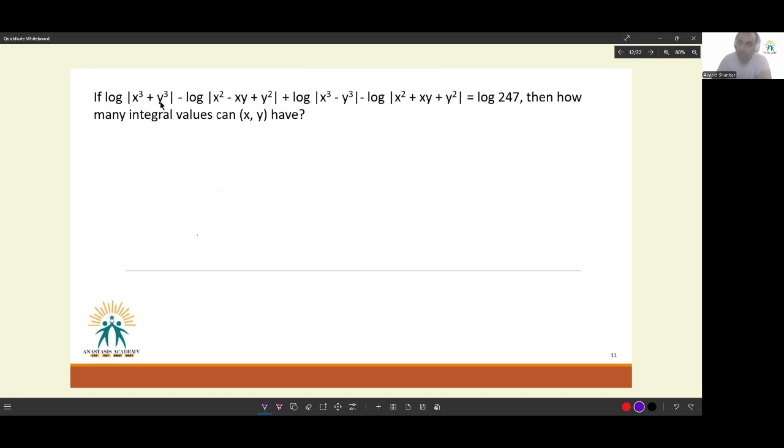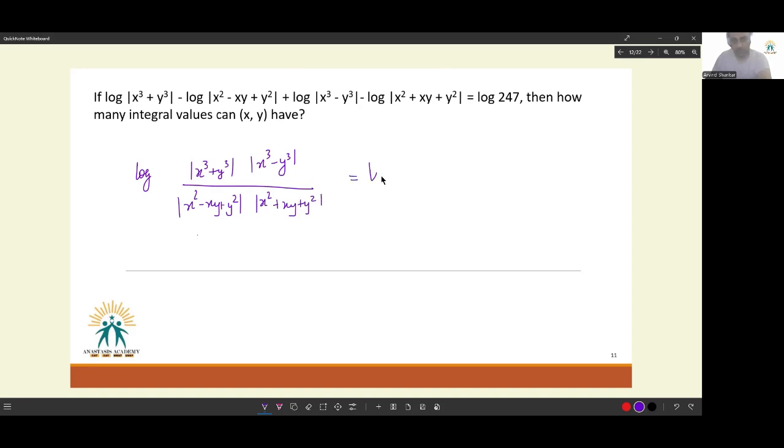Pay attention, there are modded terms involved, and then expansion of a cube plus b cube versions are also involved. First, I'm writing everything combined. I have mod of x cube plus y cube and mod of x cube minus y cube, whole thing divided by x square minus xy plus y square and x square plus xy plus y square.